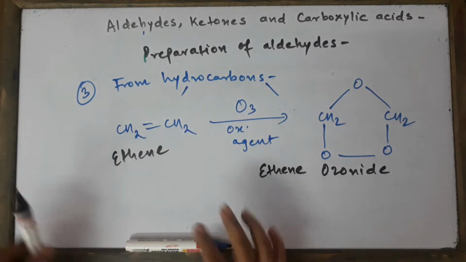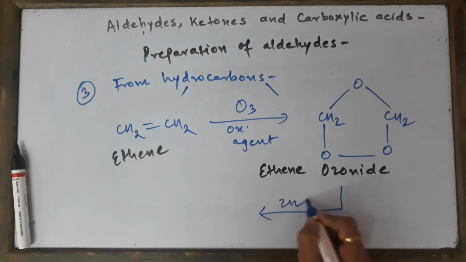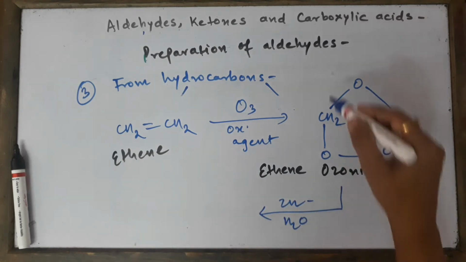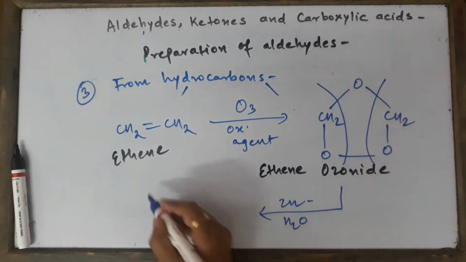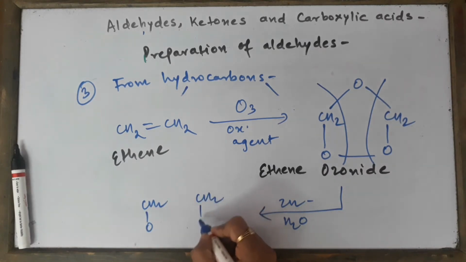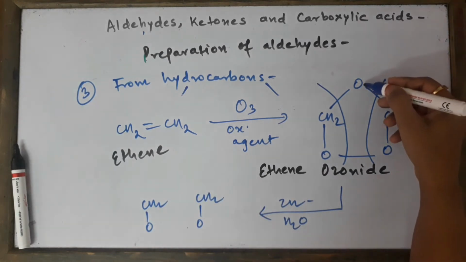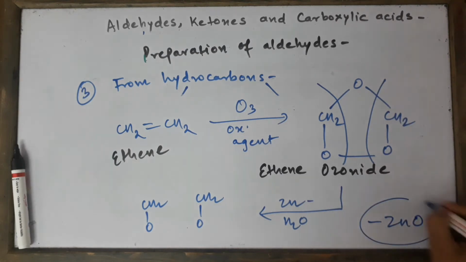Now in the next step, after oxidation, we are going to do reduction. The reagent number 2 is zinc in the presence of water. Zinc is a very good reducing agent. Break the bond like this, and like that. You get CH2O. And where does this oxygen go? It goes with zinc, so you write minus zinc oxide as the byproduct.